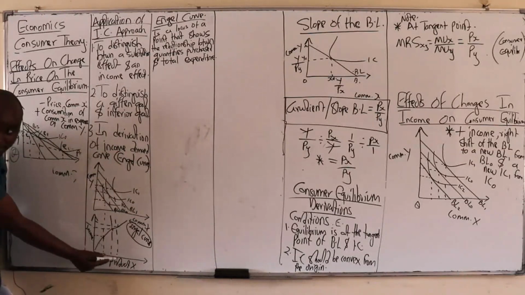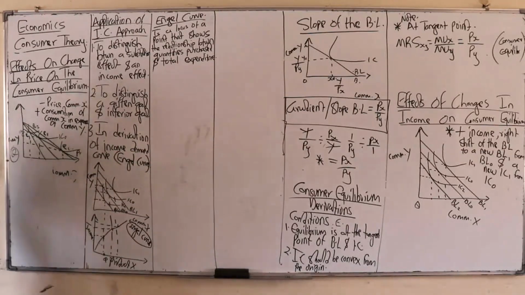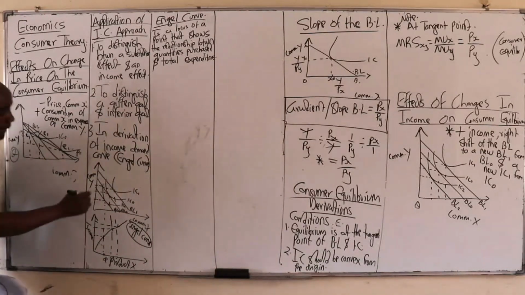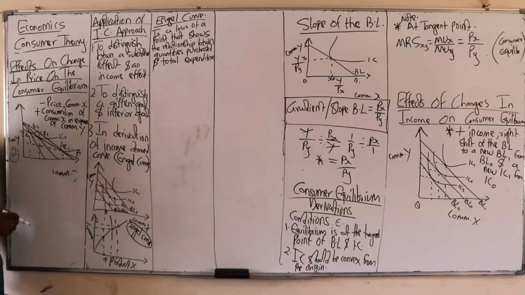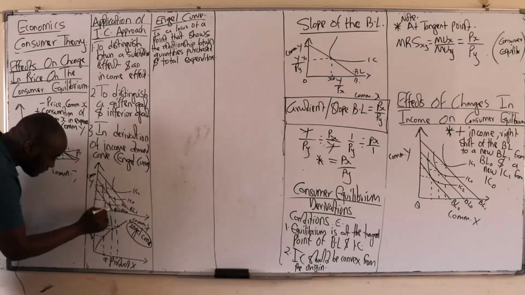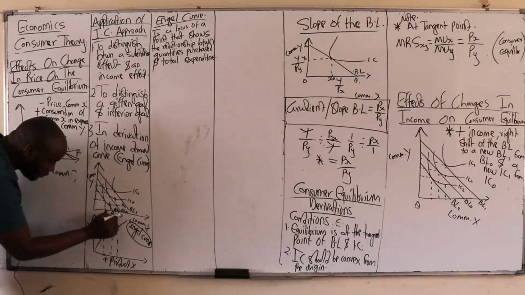Such that at this point, we have quantity Q that is being demanded. At this point it is probably Q1, this is Q0, and this one is Q2.